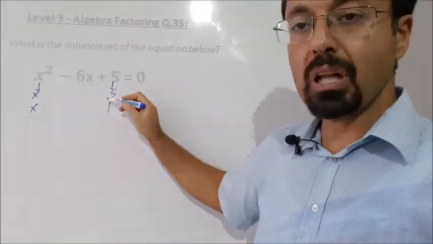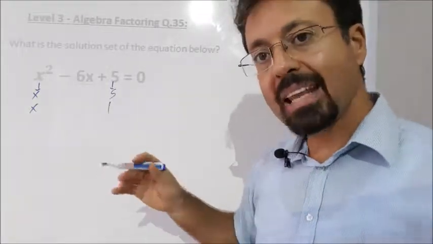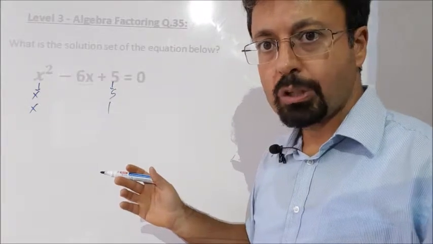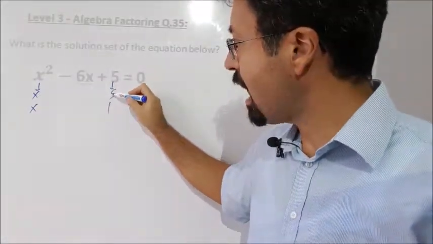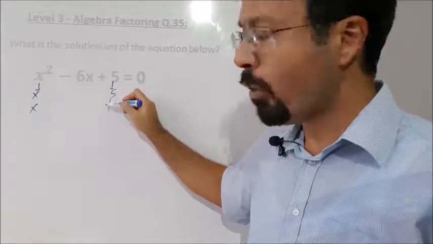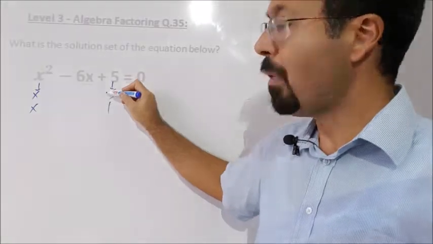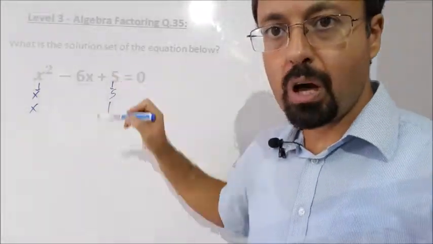Minus and plus makes minus. Plus and plus makes plus. Minus and minus makes plus. So we have multiplication we're talking about. So 5 times 1, if they're both plus, will give us plus 5, or minus 5 times minus 1 makes plus 5.